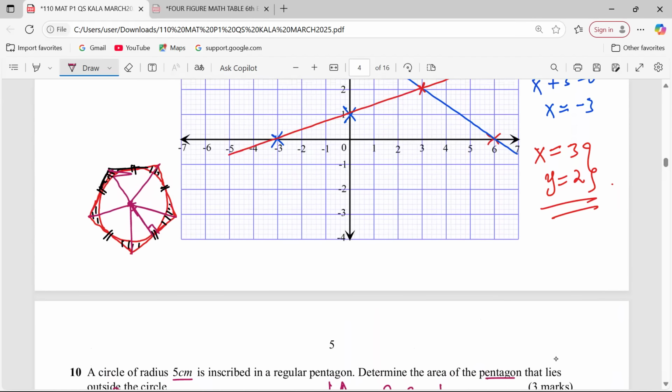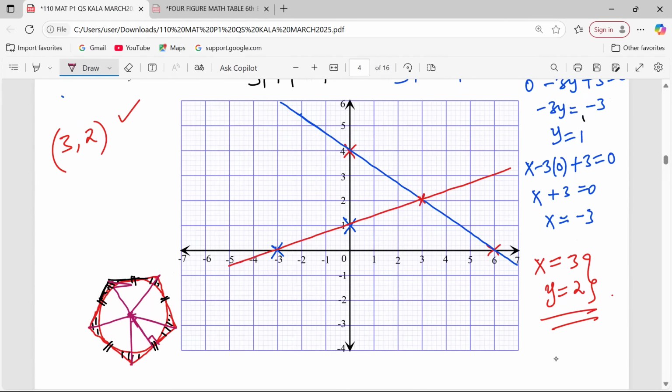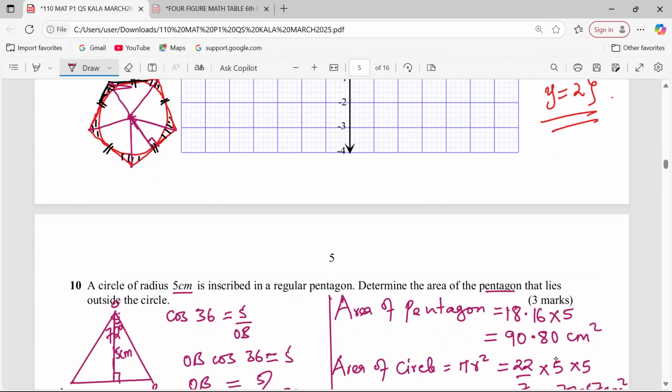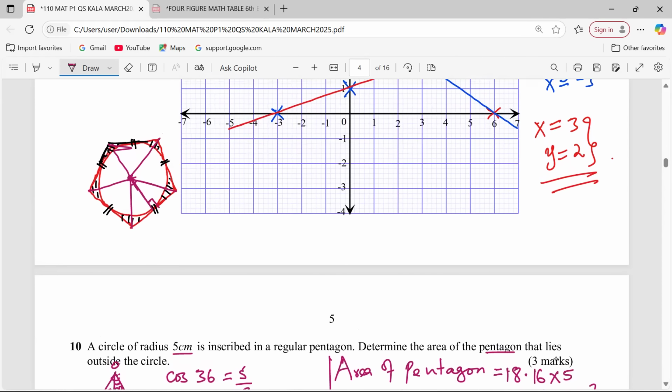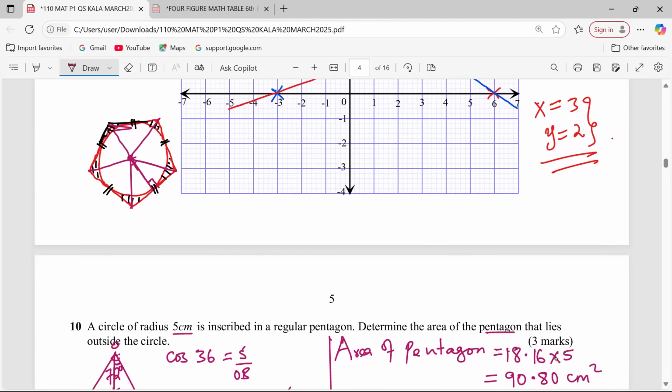For you to first of all sketch the information. You interpret the information from statement to a diagram. Then you proceed with that particular diagram until you find the area that we needed.